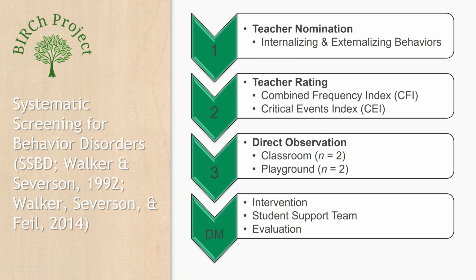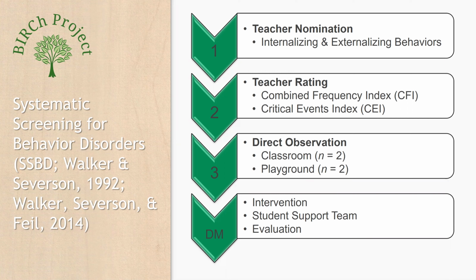For example, in the SSBD, a teacher starts out by nominating 10 students who exhibit internalizing problems and 10 students who exhibit externalizing problems. Then the top 3 students pass on to the next phase, in which the teacher fills out ratings for those 6 students.